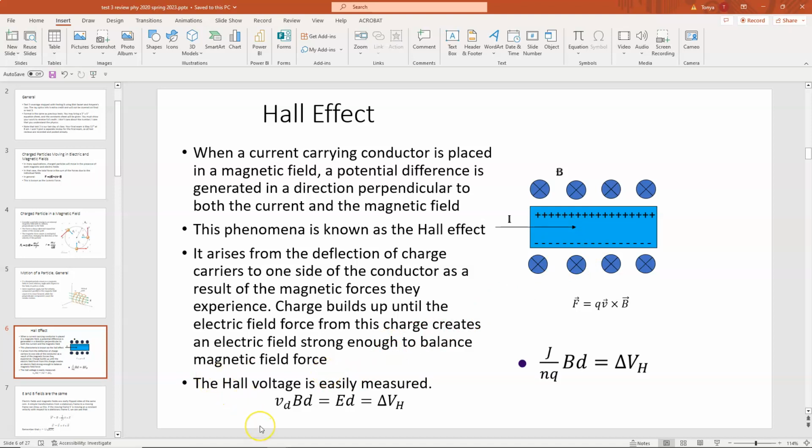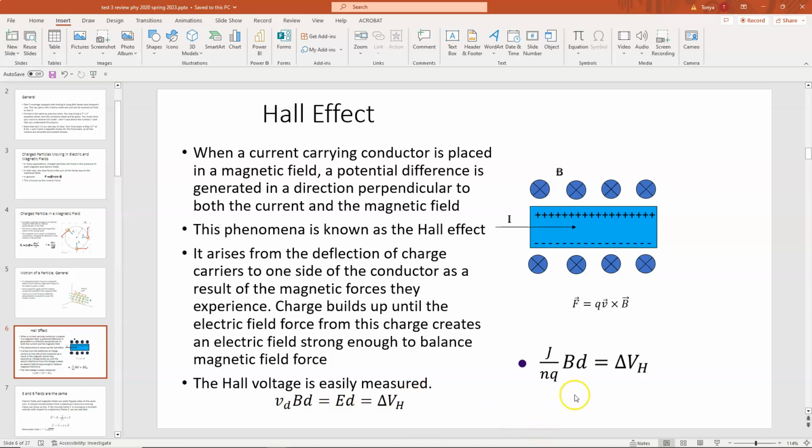And so you can set the qv cross B force equal to the electric force, and then you can solve for what the voltage is. Remember that the voltage is related to the field. If it's a constant electric field, you just multiply by the distance that the field acts over to get the voltage. So you have V_H = Ed, which is equal to your Hall voltage.